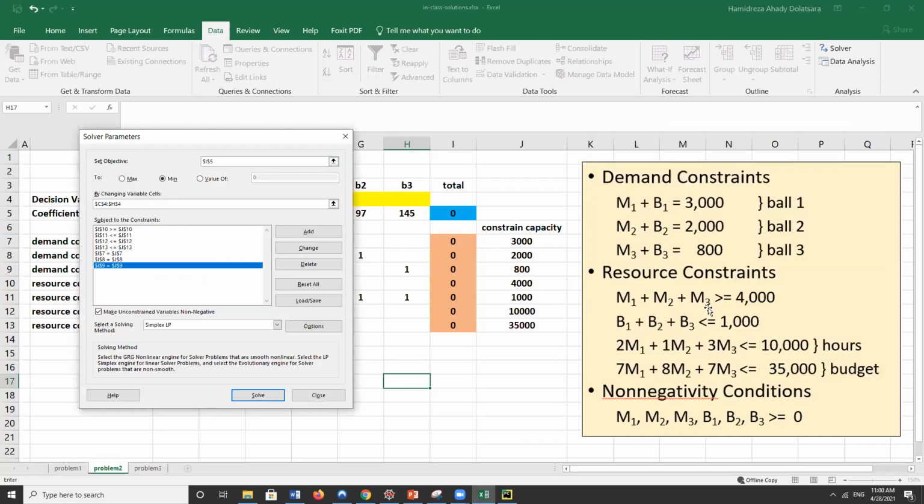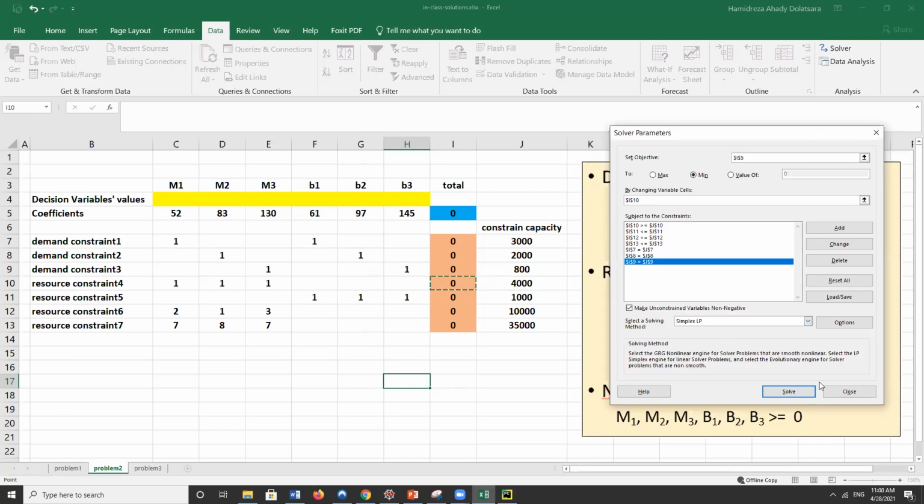So the left side, let's look at this equation. First equation, m1 plus m2 plus m3 equals 4,000. So the right side is 4,000, as you can easily see here. The left side, you should build that m1 plus m2 plus m3 formula inside that cell.